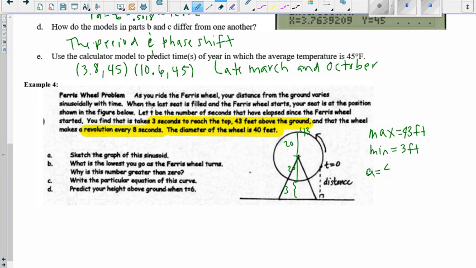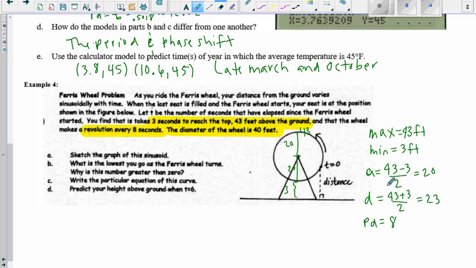Our amplitude is equal to our maximum minus our minimum, divided by 2. So that gives us 20. And our vertical shift would be our maximum plus our minimum, divided by 2, which gives us 23. And then the period is 8 seconds. Of course, this is a very fast Ferris wheel.